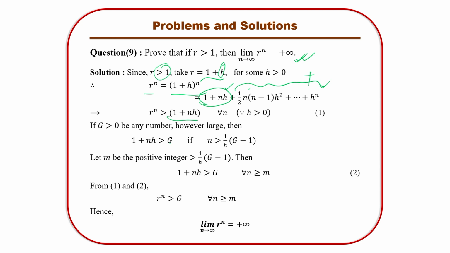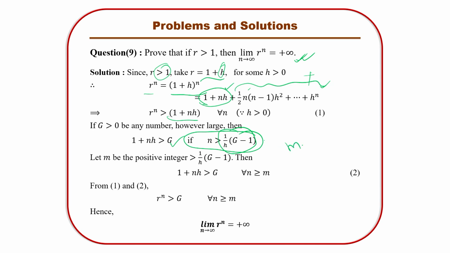So let G greater than 0 be any number, however large you can think about it, then 1 plus nh is greater than G if n is greater than (1/h)(G minus 1). If n has the value greater than (1/h)(G minus 1), then 1 plus nh is always greater than capital G. Let m be a positive integer such that it is greater than (1/h)(G minus 1).